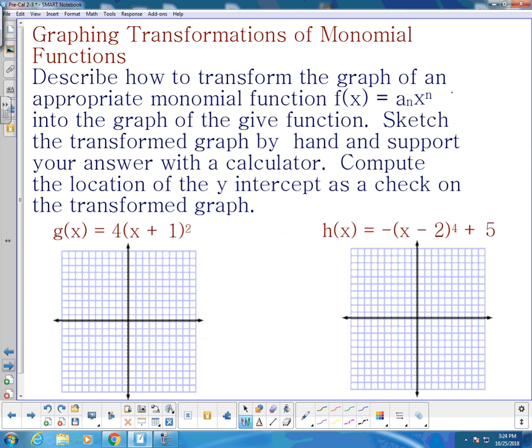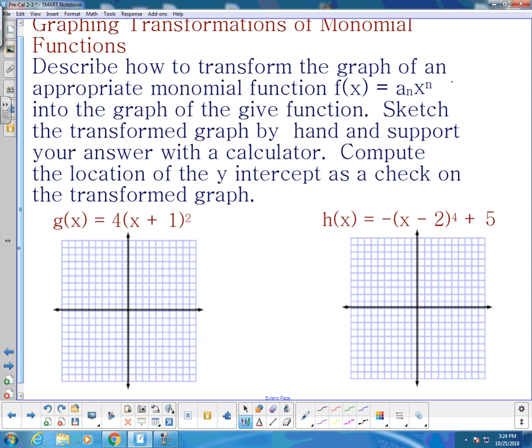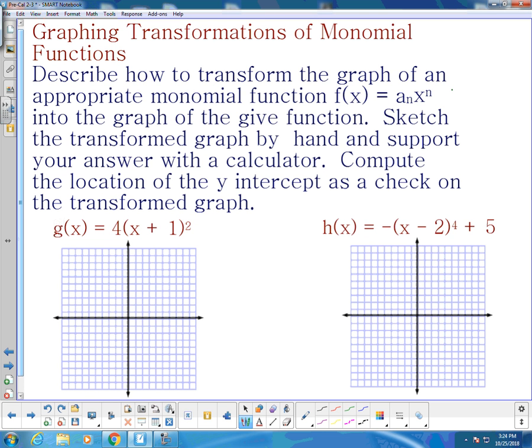We're going to review just real quick about how to transform monomial functions. So we have talked about the parent function, x squared. We know it's a parabola. And we've talked about how to transform it when you're adding or subtracting to parts of it or multiplying to parts of it.